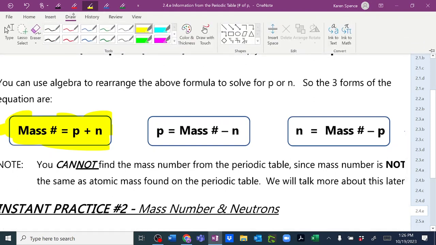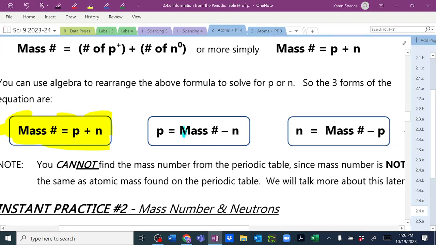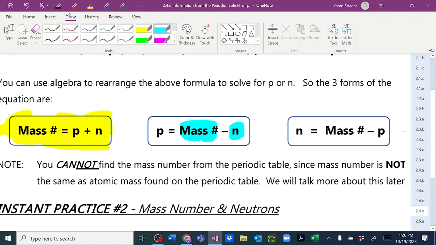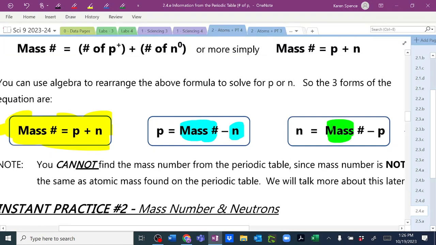That means that if I give you the mass number and the number of neutrons, could you calculate the protons? Yes. If I gave you the mass number and the number of protons, could you calculate the neutrons? Yes. So if I give you the protons and the neutrons, could you calculate the mass number?